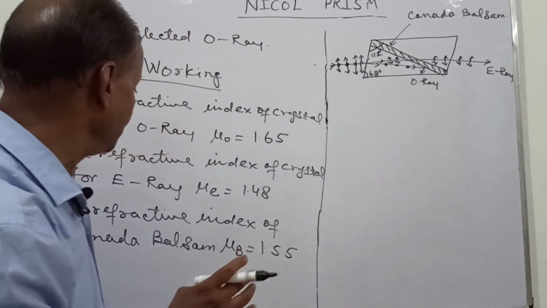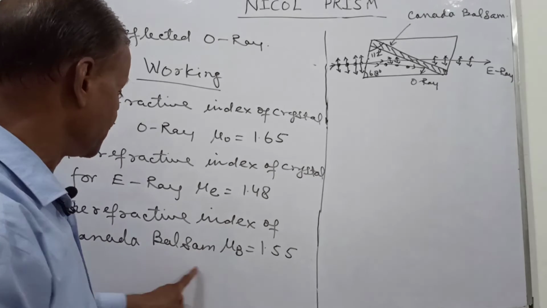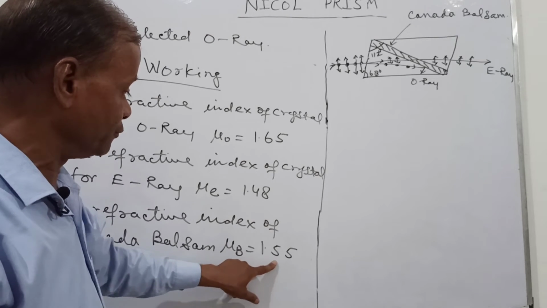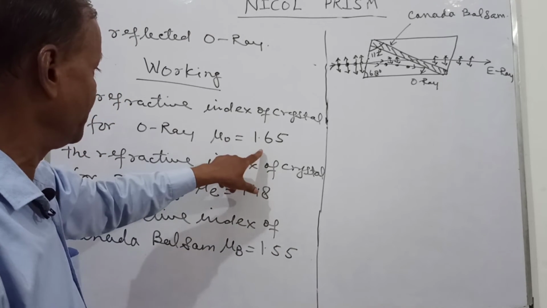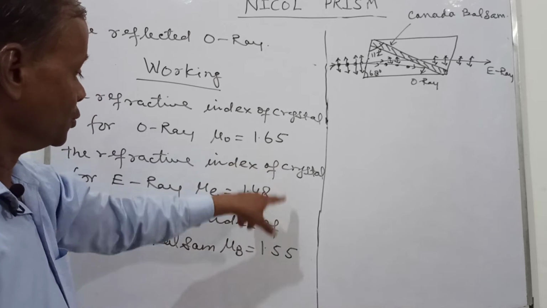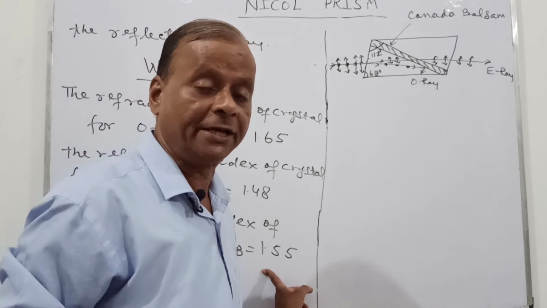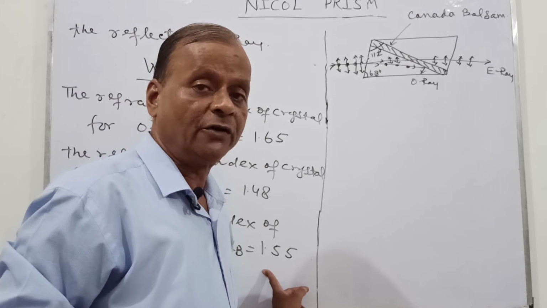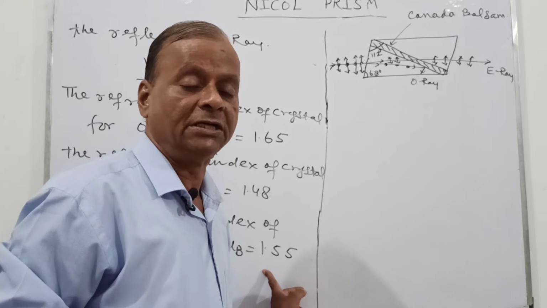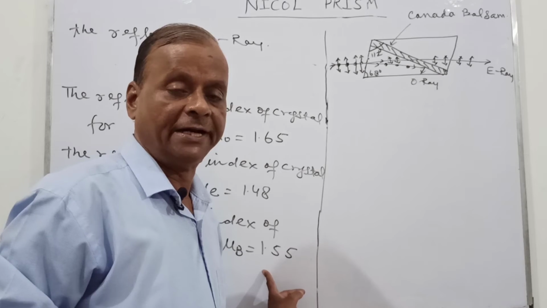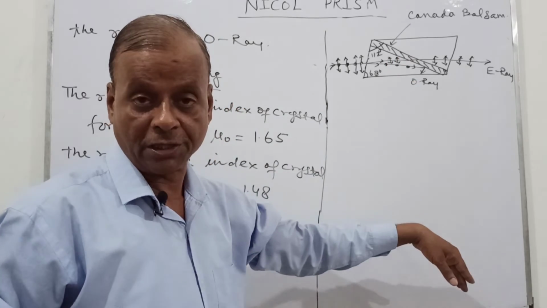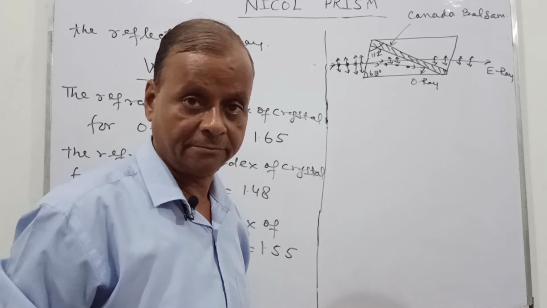So now you can see that this Canada balsam has the refractive index 1.55 and the O ray has 1.65. So for that, the Canada balsam acts as a rarer medium. So the angle of incidence becomes more than the critical angle, and then it is internally reflected.